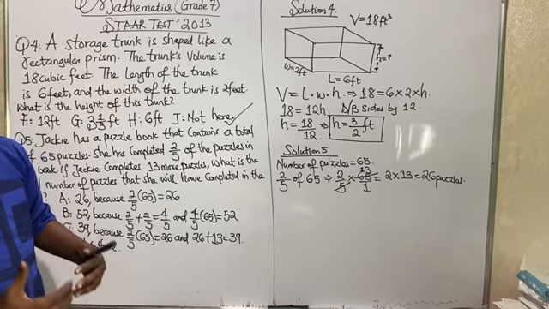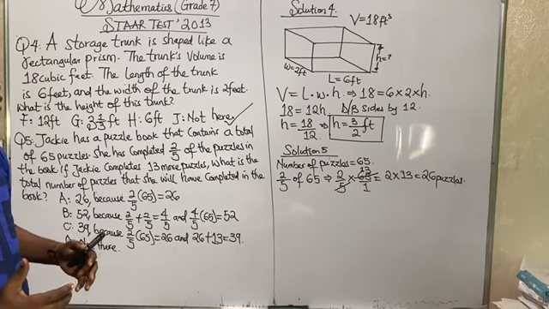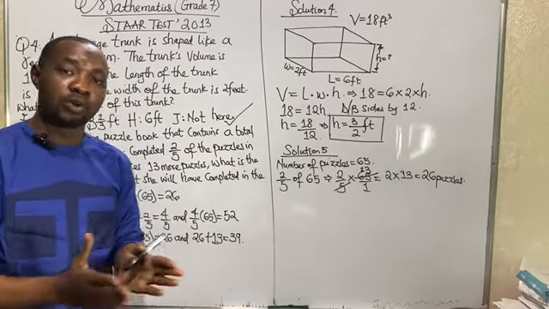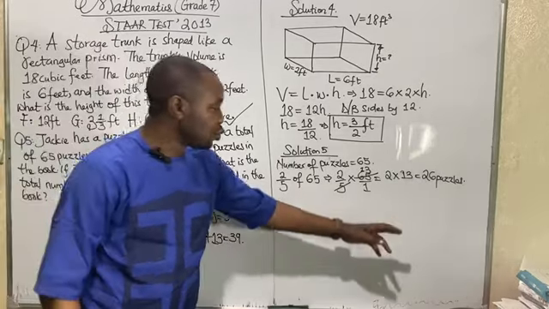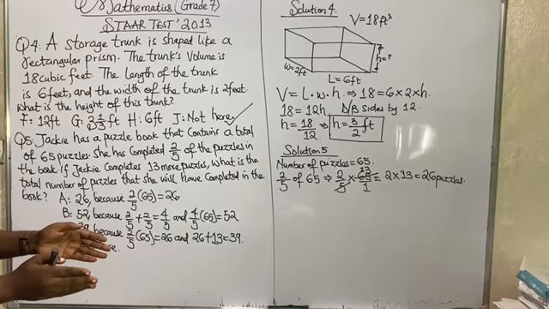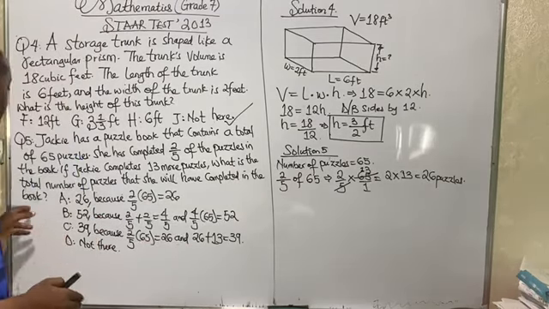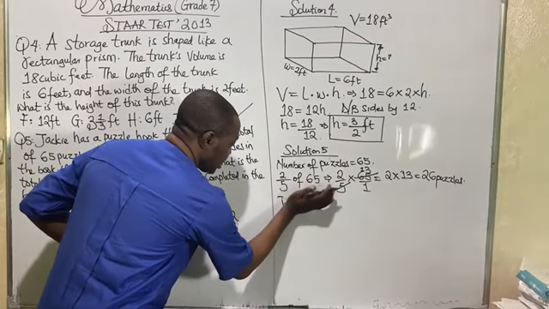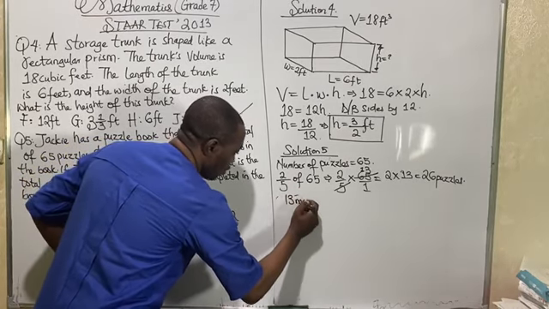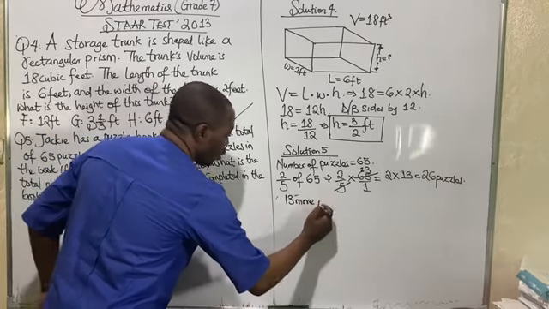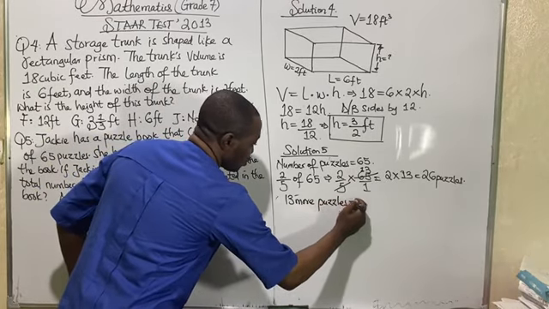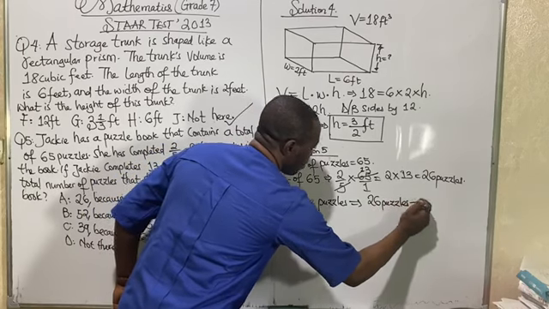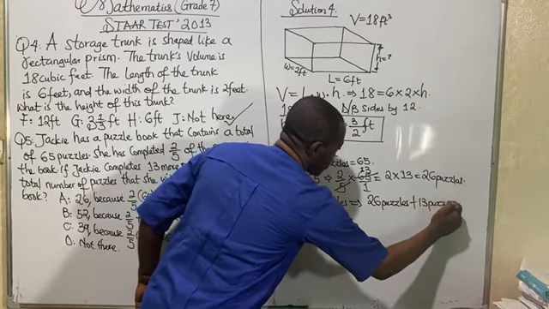So when we say 13 more, the word more means addition when it comes to algebra. So to calculate the total number of puzzles that she will have completed in the book, 13 more puzzles implies that we're going to have 26 puzzles plus 13 puzzles.